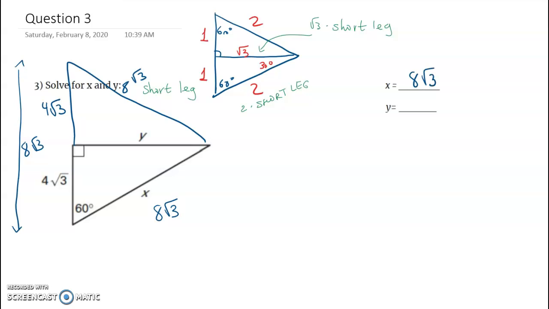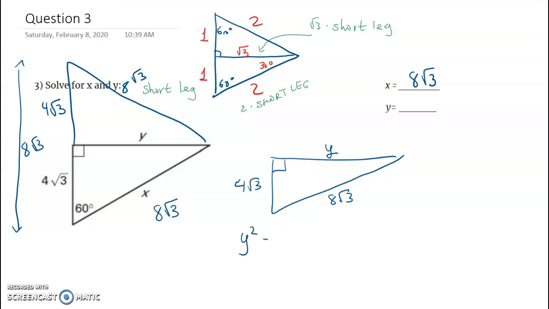Now, if you know that, you can use Pythagorean theorem because you have a right triangle. You know this is 4 root 3, and you know this is 8 root 3, and you just don't know y. So you definitely can do Pythagorean theorem at this point. So you could say y squared plus 4 root 3 squared equals 8 square root of 3 squared.